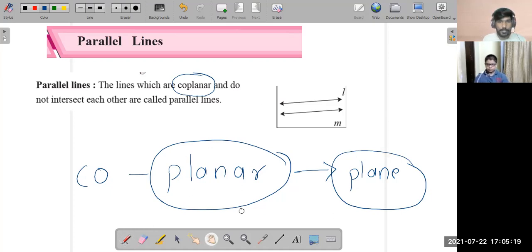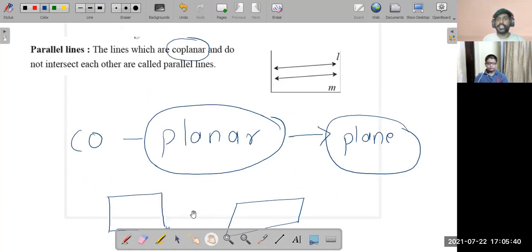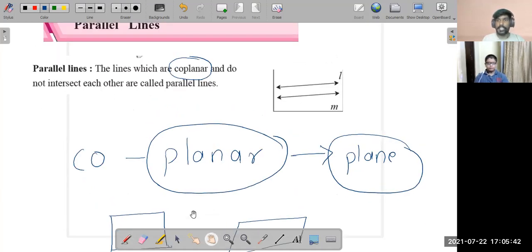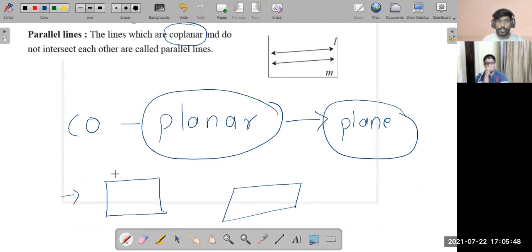So for example, I can say this is a plane. Is it a plane? A flat object. Yes, it is a plane. So this square, is this square a plane? Yes, it is a plane because I'm saying it is a flat object. Now, coplanar means lying in the same plane. For example, these are two different planes.